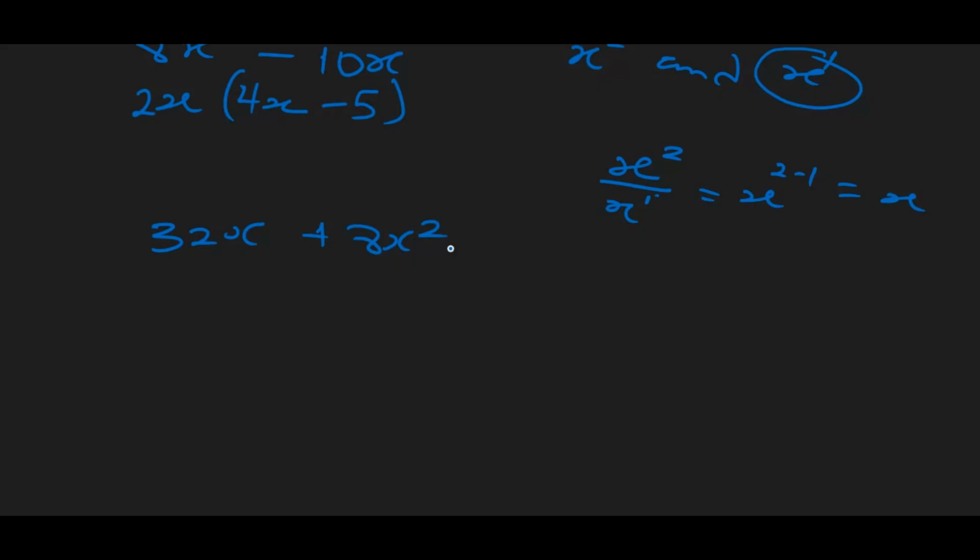How do we factorize this expression? So we have 32 and 8. The highest common factor of 32 and 8. 8 can go into 32. 8 can divide 32 how many times? And that's going to be 4 times, right? So we can take 8 as our highest common factor for 32 and 8.